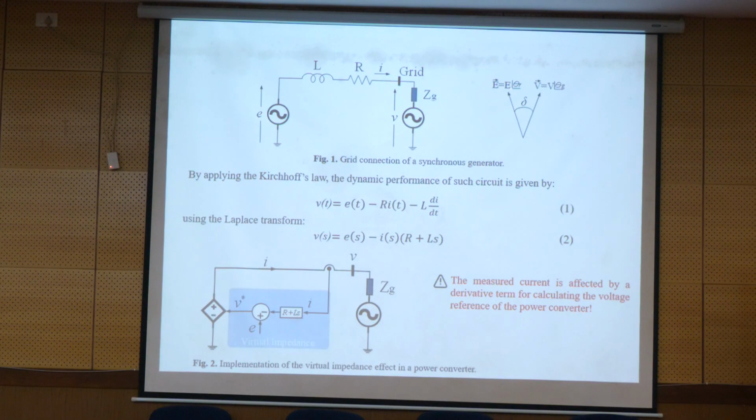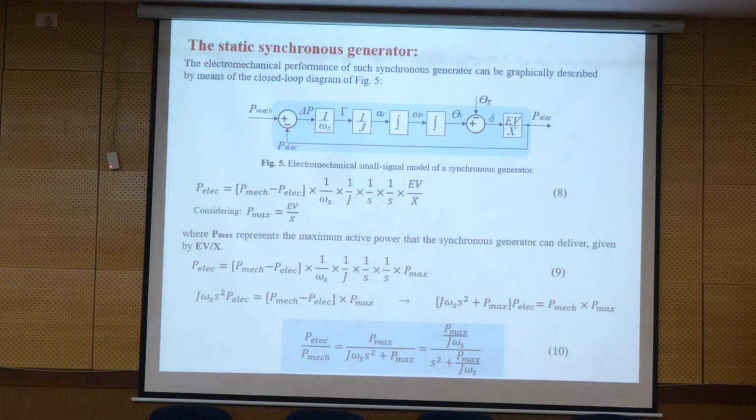Delta will be calculated by the difference between the rotor and grid angle. We calculated the rotor angle and we have the grid angle, so the difference between these two angles is delta.